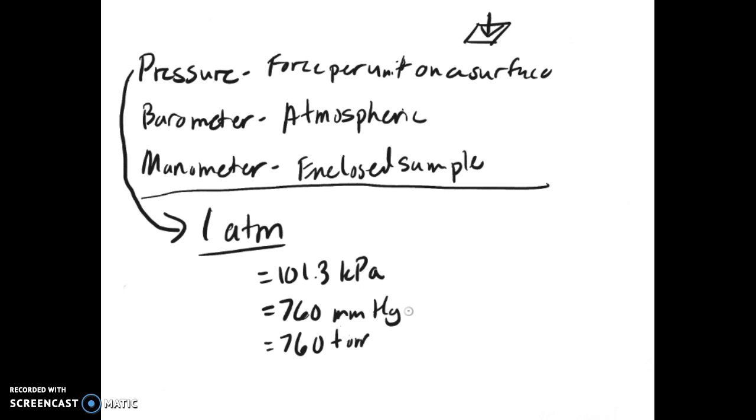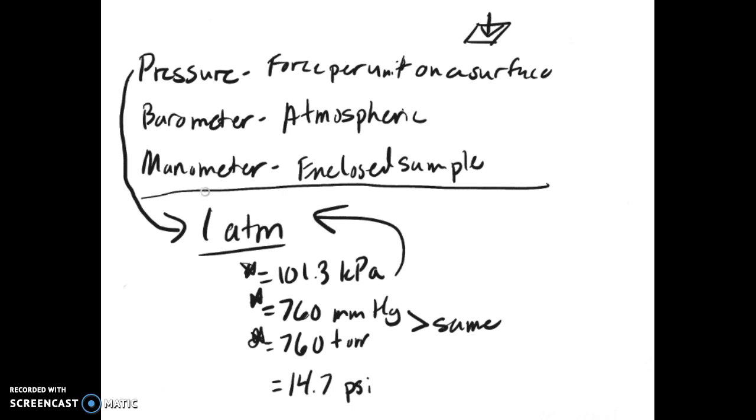They're the same. You don't have to show the conversion between these because they're basically the same units. And one you don't have to memorize is 14.7 psi, or pounds per square inch. These technically 2 right here, you need to remember equal 1 atmosphere, which are all units of pressure. You will have to do conversions.